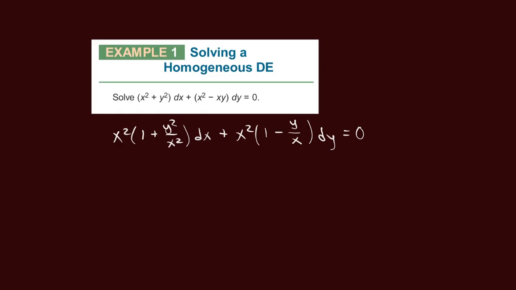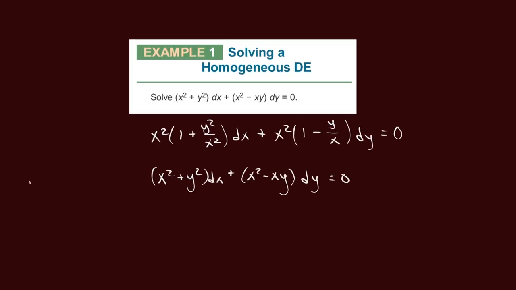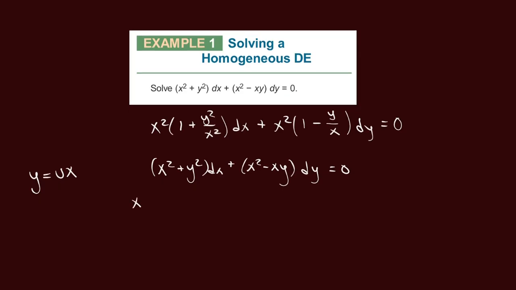So let's revert this back to its original equation. We're going to have y equal to u of x, or w of x or whatever. So plug that in, and also differentiate y with respect to x.